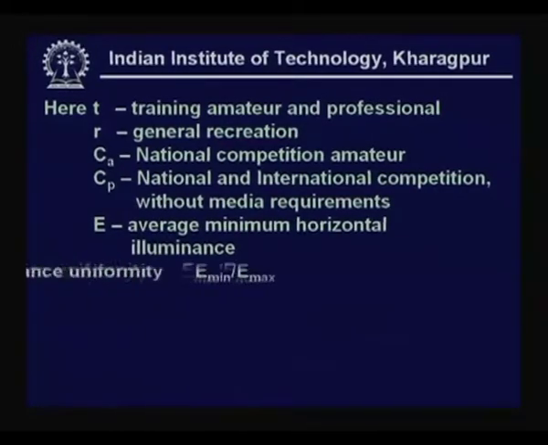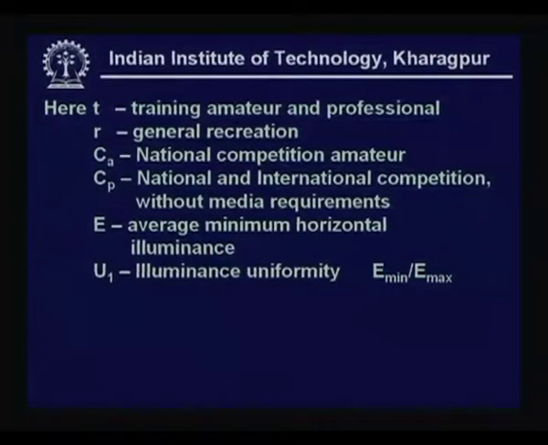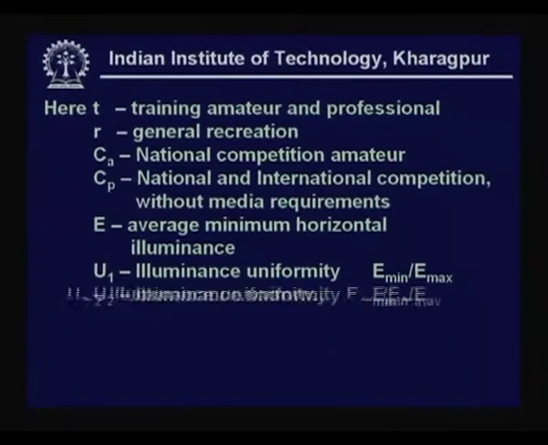And the lux levels which have been mentioned, we have been talking about say 100 lux, 300 lux, 700 lux, 1500 lux. All these were the average minimum horizontal illuminance. Illuminance uniformity U1 is defined as E minimum by E maximum.